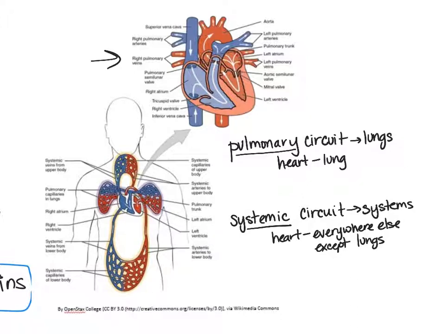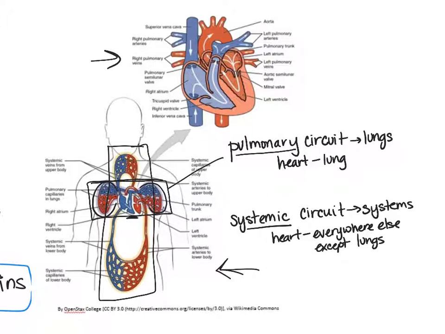So if we look at this image on the left-hand side here, you can see that if we're looking at the heart in the center, this part here is actually our pulmonary circuit. So you can see that we're going into the left lung here and the right lung over here. So this is our pulmonary circuit. Then we have the up and down here. This is the systemic circuit, so going out to the rest of the systems.